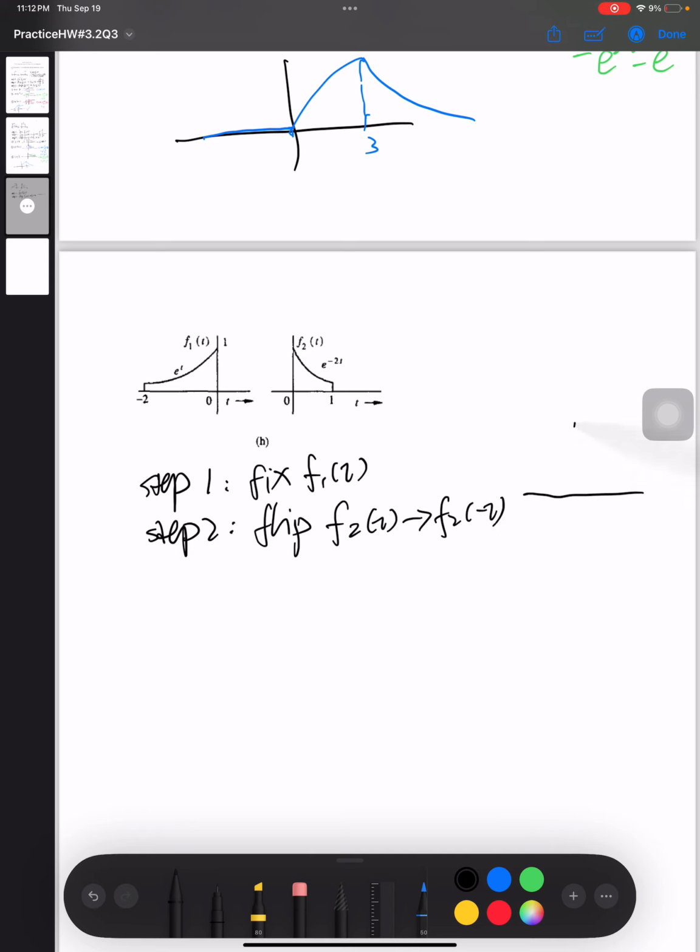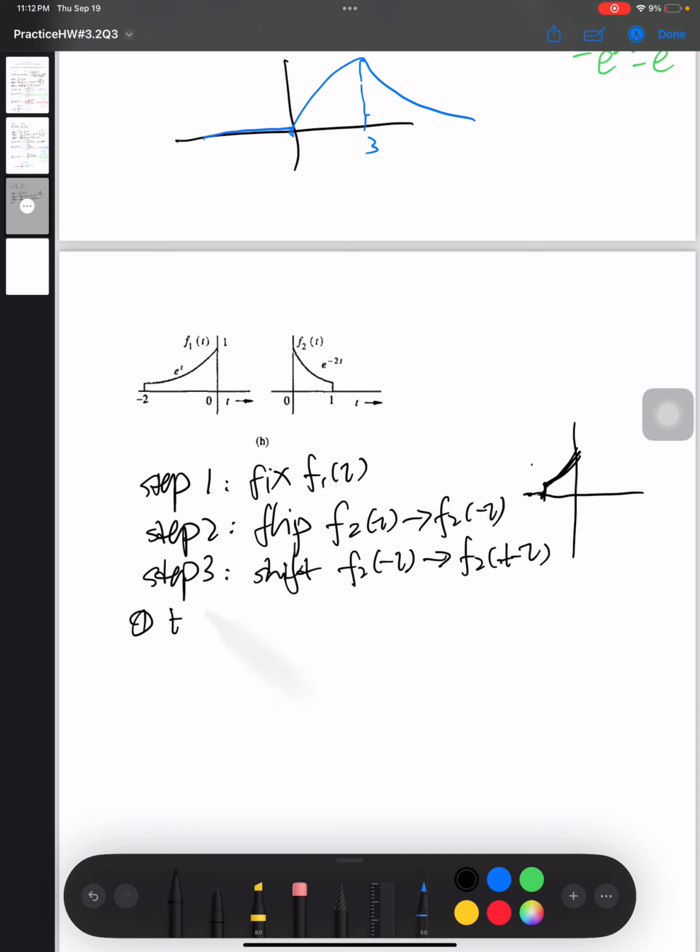So if we plot it, it looks like this. And step 3, we shift f2(minus tau) to f2(t minus tau). And same, we need to consider different t values.